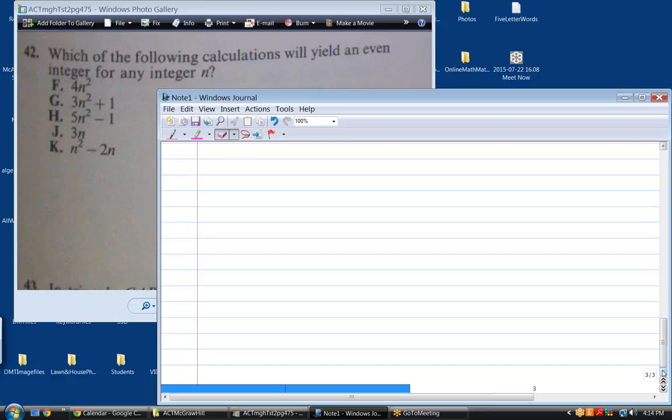Okay, when you get a question like this that says, which of the following will yield an even integer, we basically are going to have to go through all 5 answers, right? I mean, there's no other way to do it. So, does F always yield an even integer, as long as n is an integer?